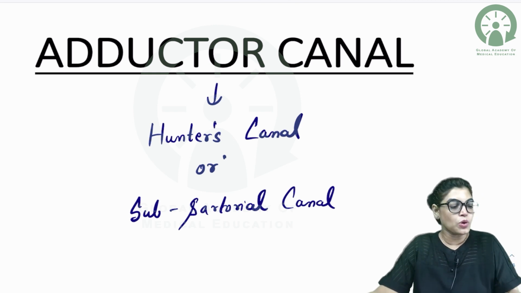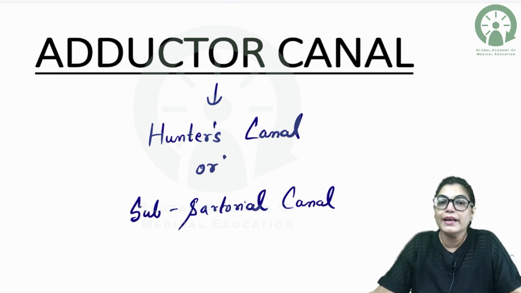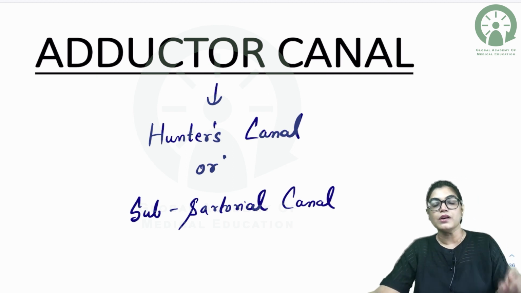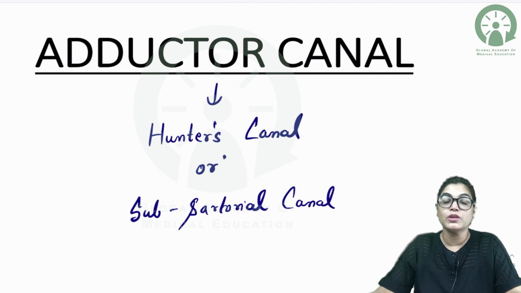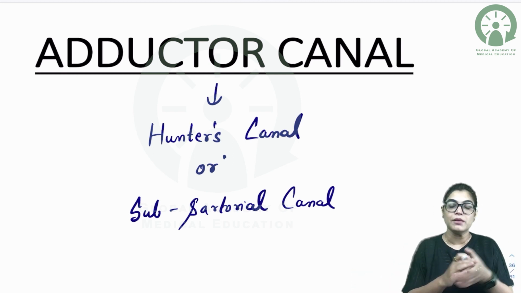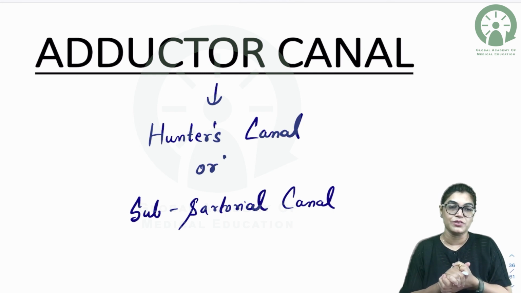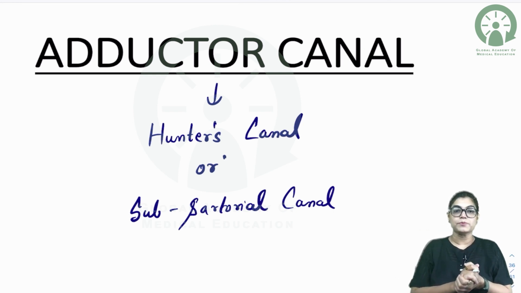Actually, John Hunter was a great surgeon and a great anatomist of his time. It was named Hunter's canal because he was the first to start an operation for the treatment of popliteal aneurysm, in which he started the procedure of ligating the healthy part of the femoral vessels in the adductor region.